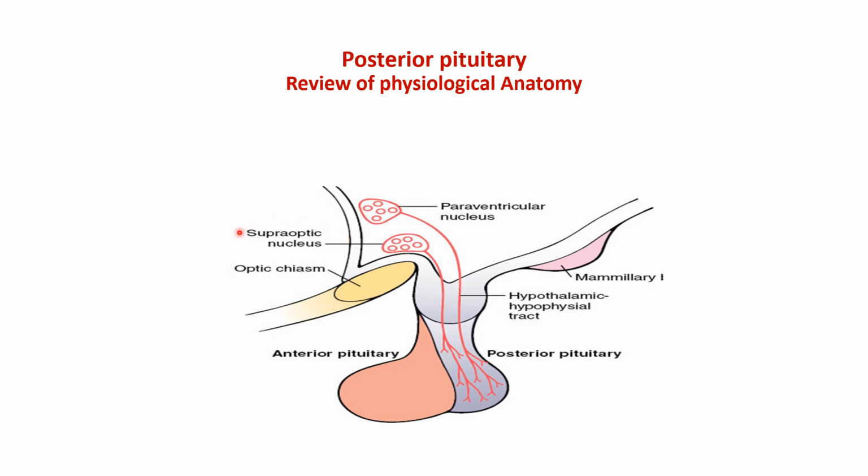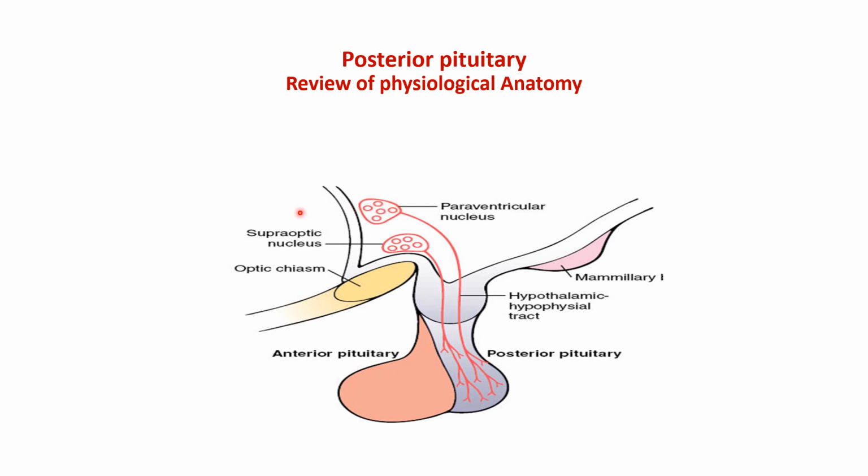The supraoptic nucleus secretes both hormones, and the paraventricular nucleus also releases two hormones. However, the supraoptic nucleus mainly synthesizes ADH or antidiuretic hormone, and the paraventricular nucleus mainly synthesizes oxytocin.